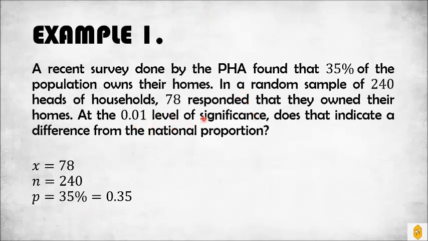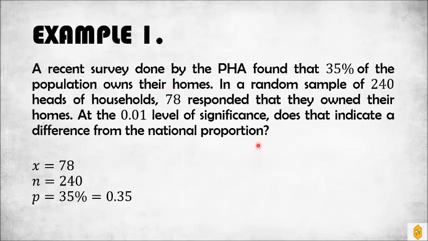Gagamitin natin ang significance level para malaman natin ang area of the critical region and para makapag-decide tayo whether to accept or to reject. Okay? And then, next step natin after giving all the values is to identify whether it is a two-tailed test or one-tailed test.